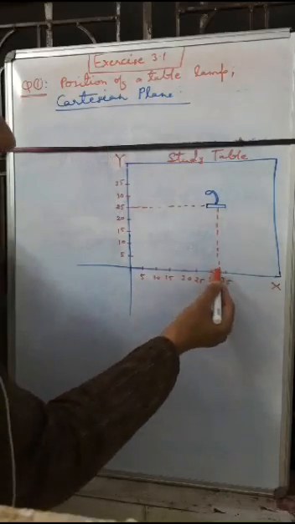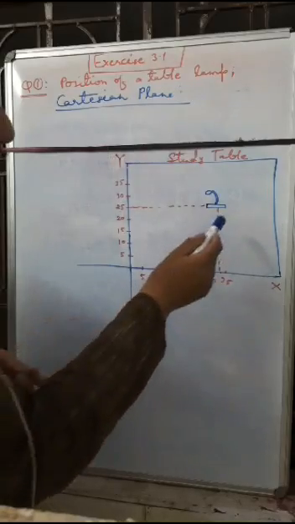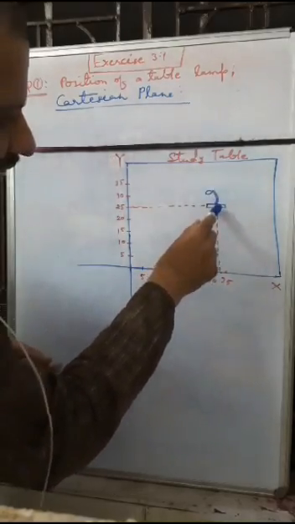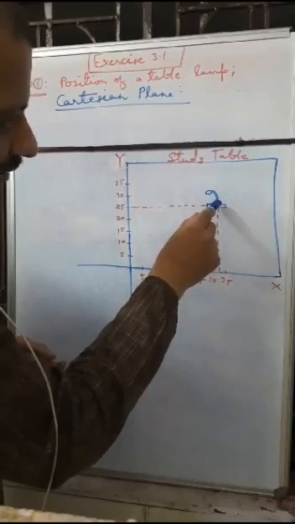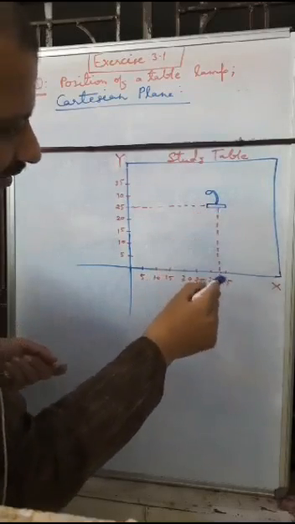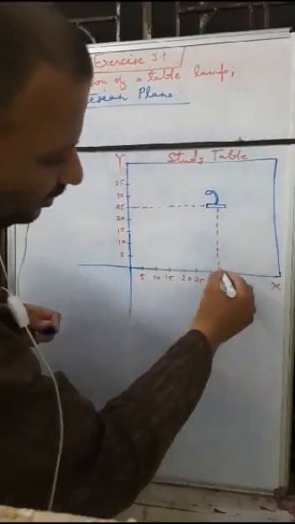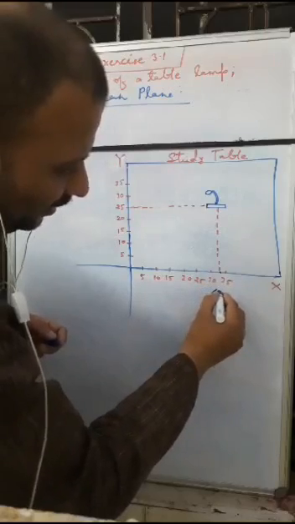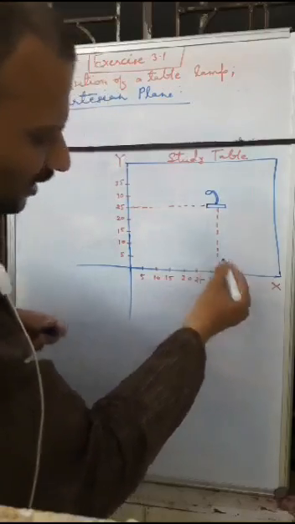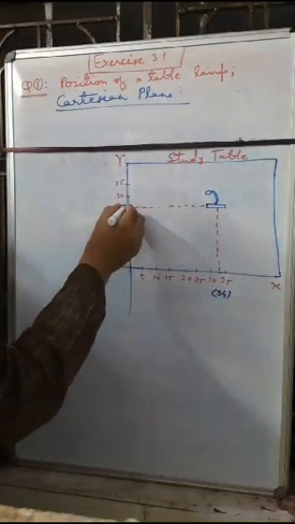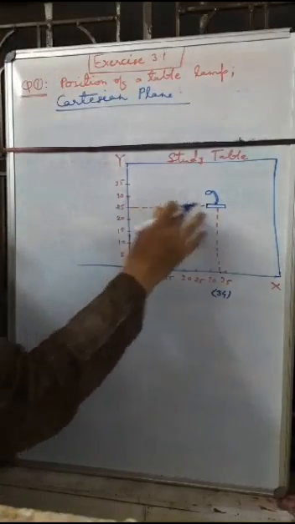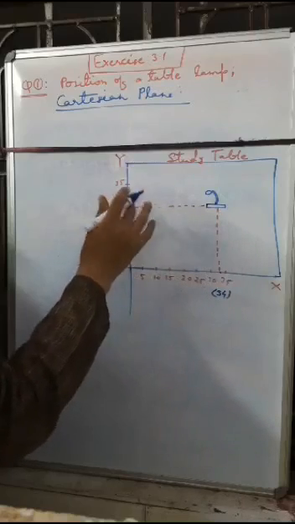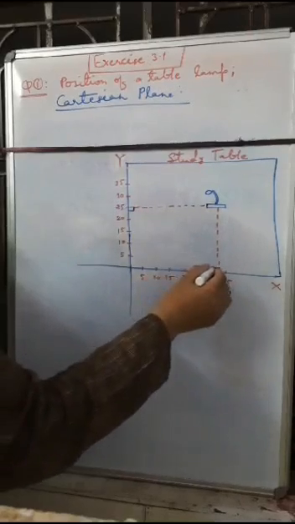So here we are getting the perpendicular distance of this table lamp from the x-axis, which is approximately 34, we can assume 33 also. The perpendicular distance from the y-axis is equal to 25.